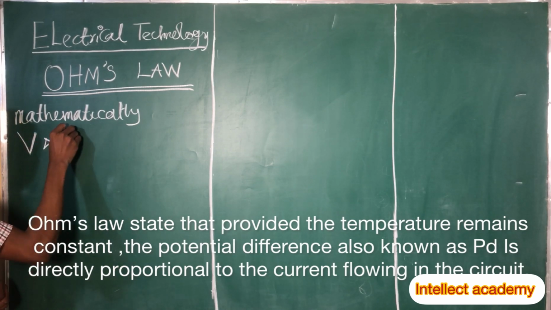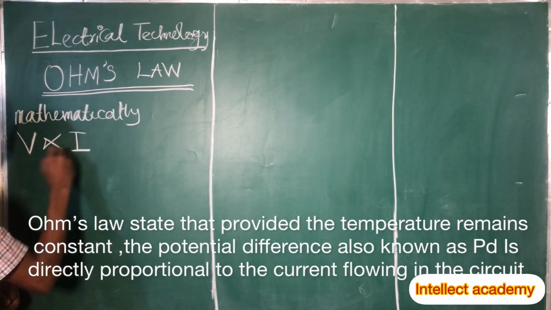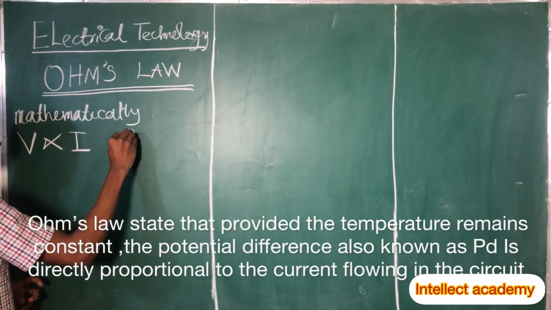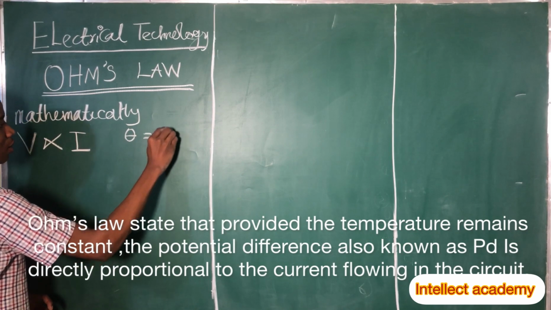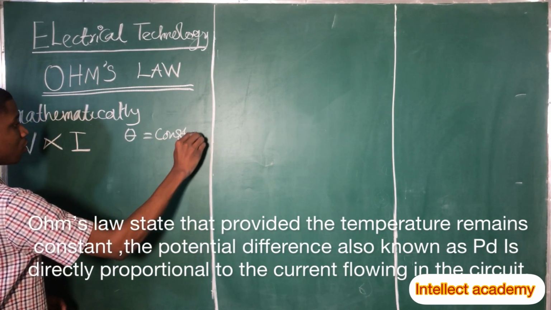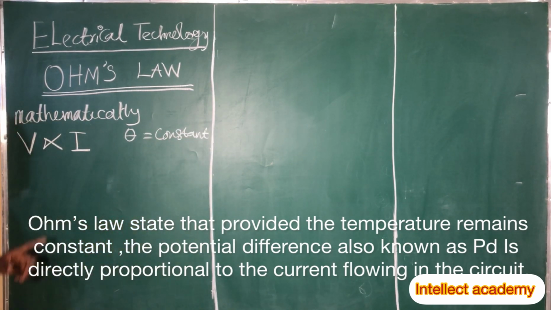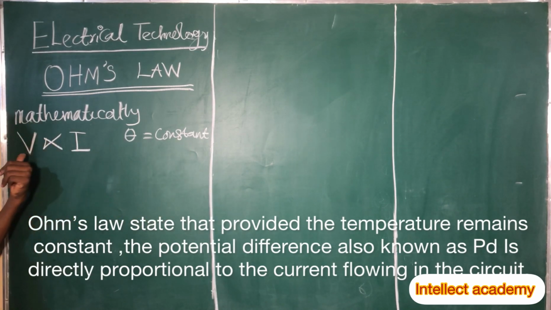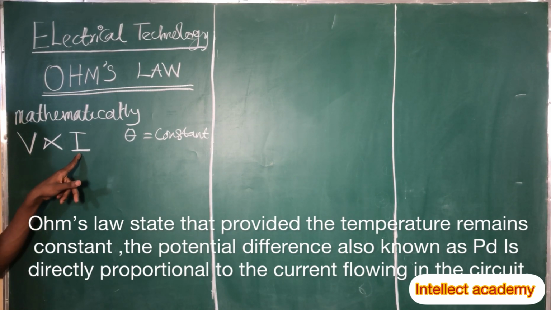The current flowing in that electric circuit, provided what? The temperature is constant. Provided the temperature remains constant, the PD or the voltage is directly proportional to the current flowing in that circuit.